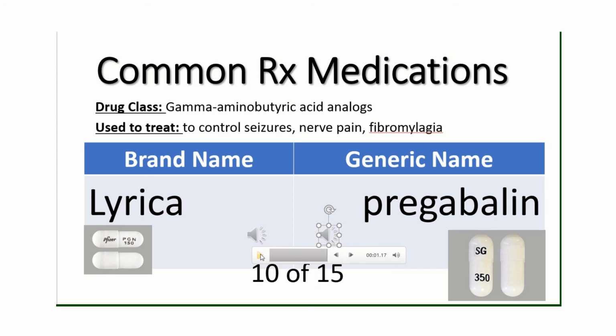Lyrica and pregabalin are gamma aminobutyric acid analogs. Lyrica and pregabalin are used to control seizures, and are for nerve pain and fibromyalgia. Again, that's Lyrica and pregabalin.